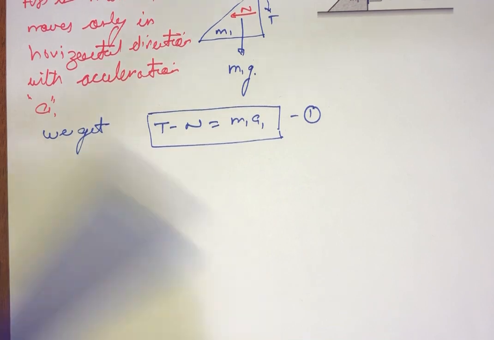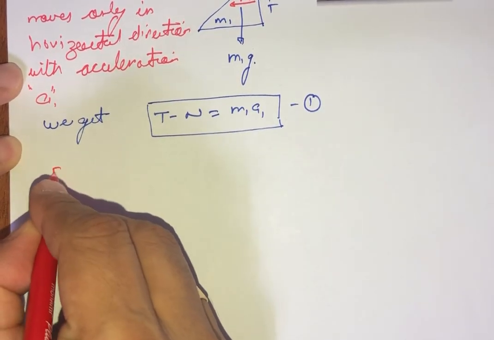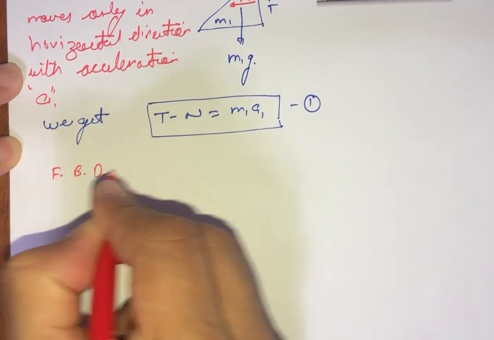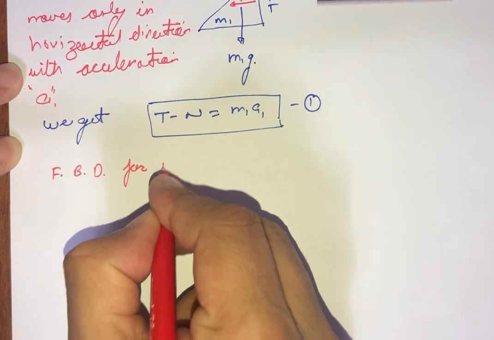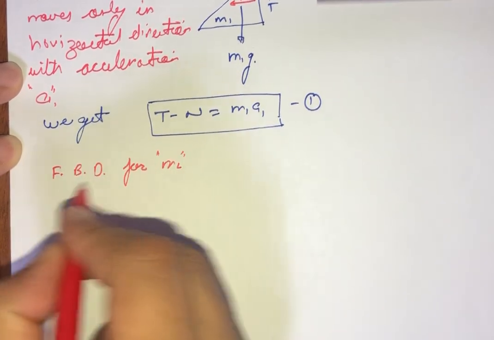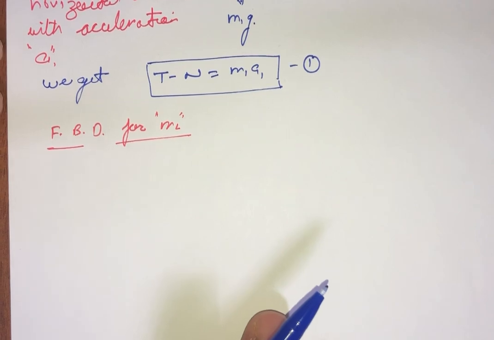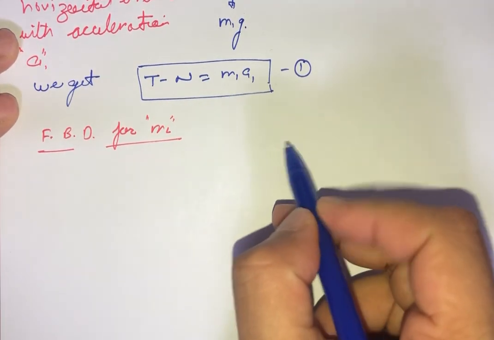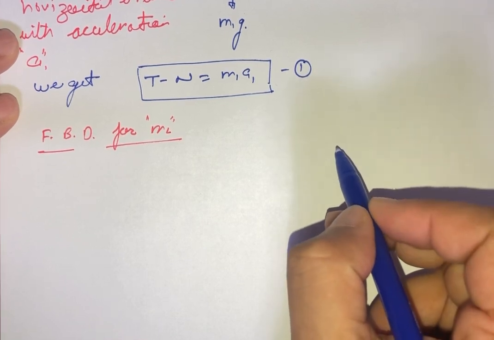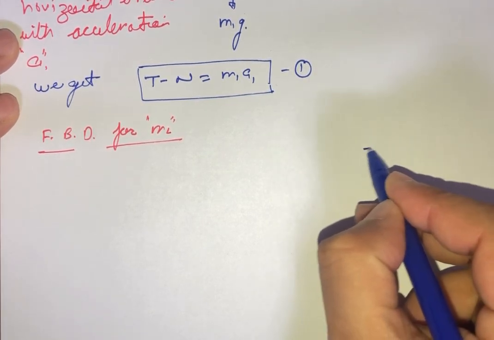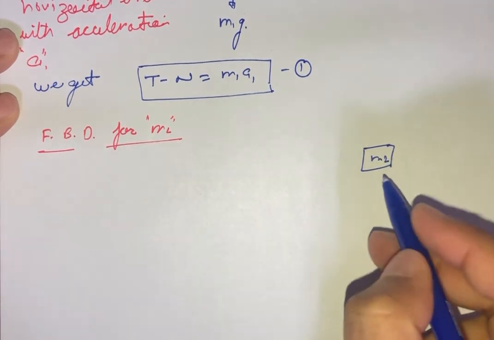Okay. Now let's draw the FBD for m2. So in this case, this is our m2.